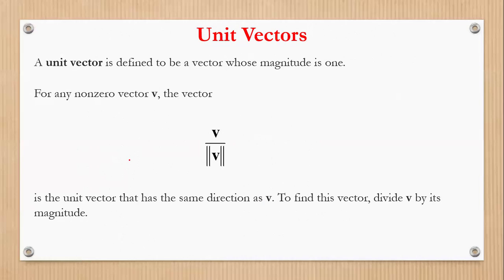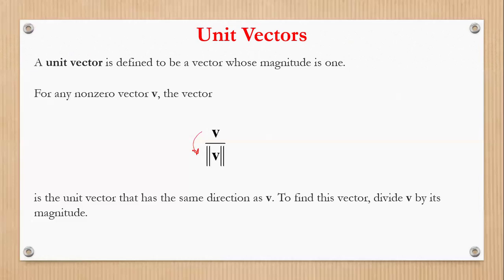By just dividing the vector by its magnitude. That's all we do. We find the magnitude of the vector and then divide each component of the vector by its magnitude, because the magnitude is just a number.